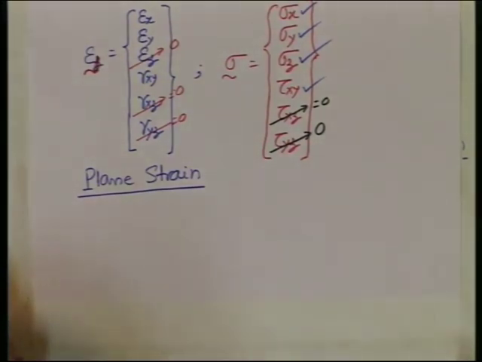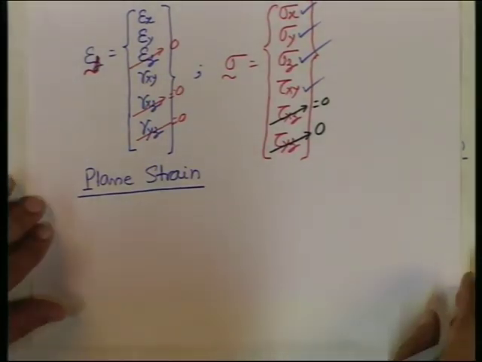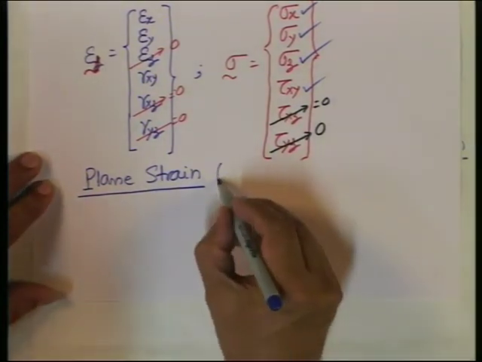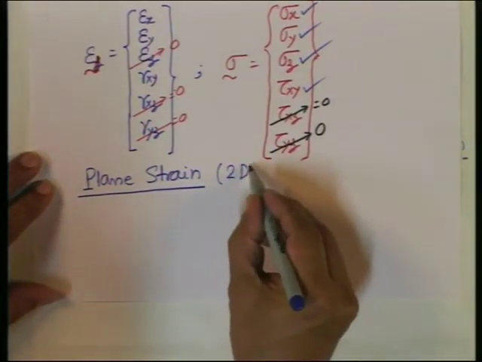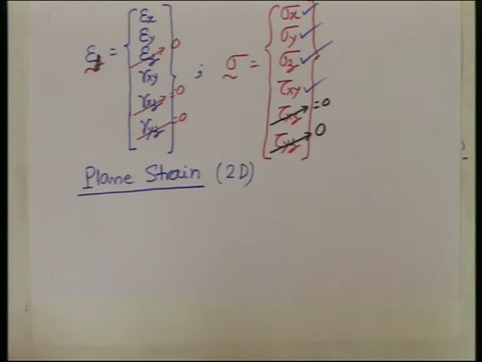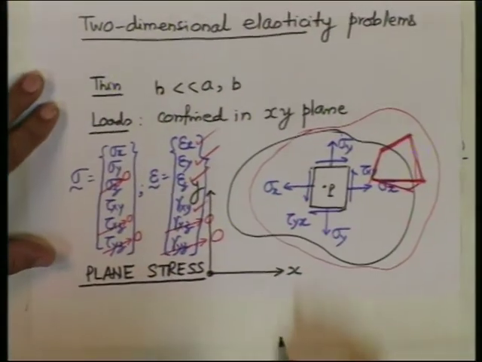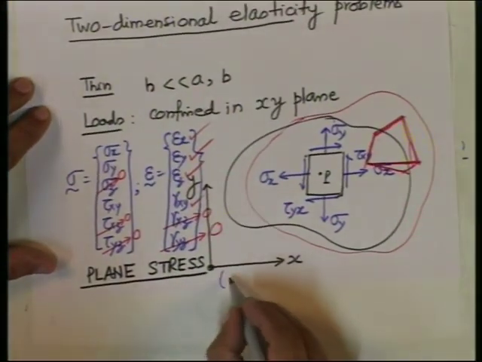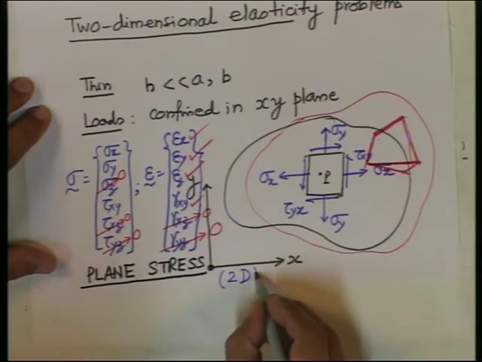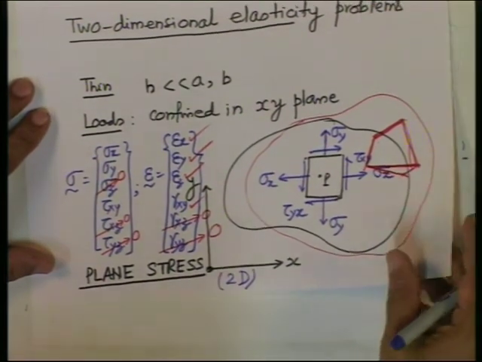So plane strain is 2D, because you have to deal only with 2-dimensional relations. Similarly, plane stress, which I told you some time back, is also 2D, not 3D. A 3D problem gets reduced to 2D.